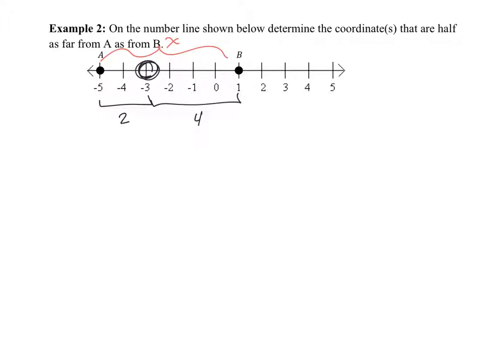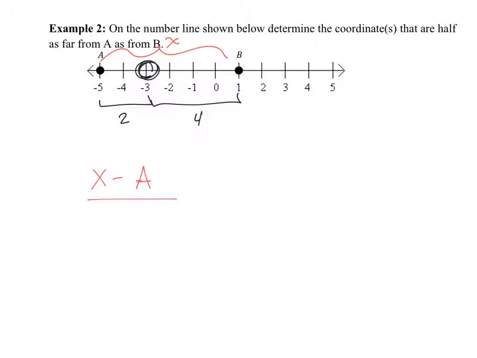So if X is somewhere in this region, and I want to find the distance between A and X, I will take the bigger number minus the smaller number. So what would that be read as? X minus A. That's the distance between X, that point that we're looking for, and A. Stay with me for a sec.